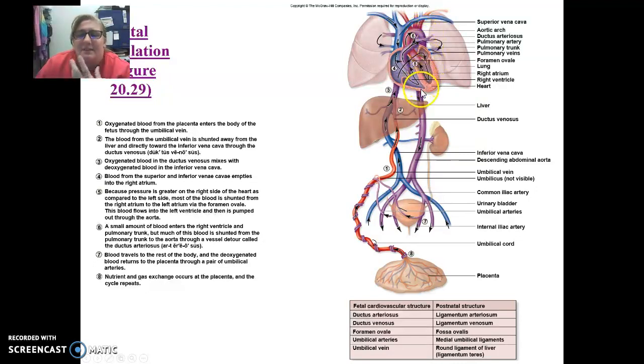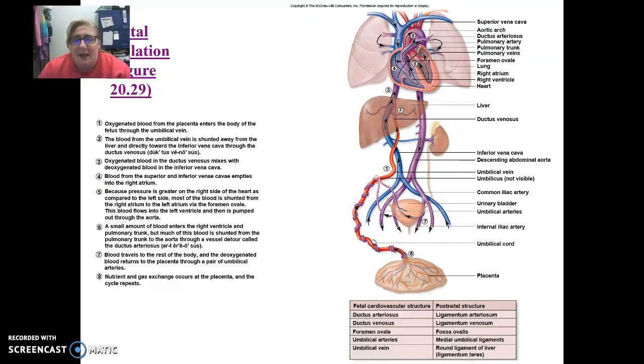So we get oxygen mixed blood moving out that's going to nourish all the body tissues. And the blood that comes back is going to be oxygen poor through all the veins going back up. But we also have blood coming in that is going to be oxygen rich from the placenta. The hemoglobin in the fetus has a much higher affinity for oxygen.